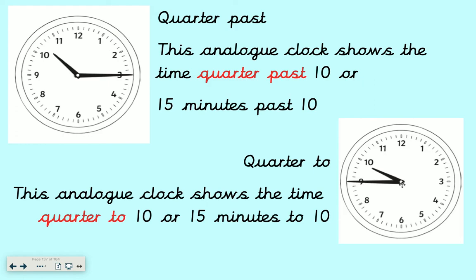So number 9 on our clock is mainly known as quarter to as well, or 15 minutes to, because there are 15 minutes passing at each quarter of our clock. So this one shows quarter to 10 because it's not quite at the 10 just yet. Our long hand is on the quarter to and our short hand is nearly at the 10. So it shows quarter to 10 or 15 minutes to 10.